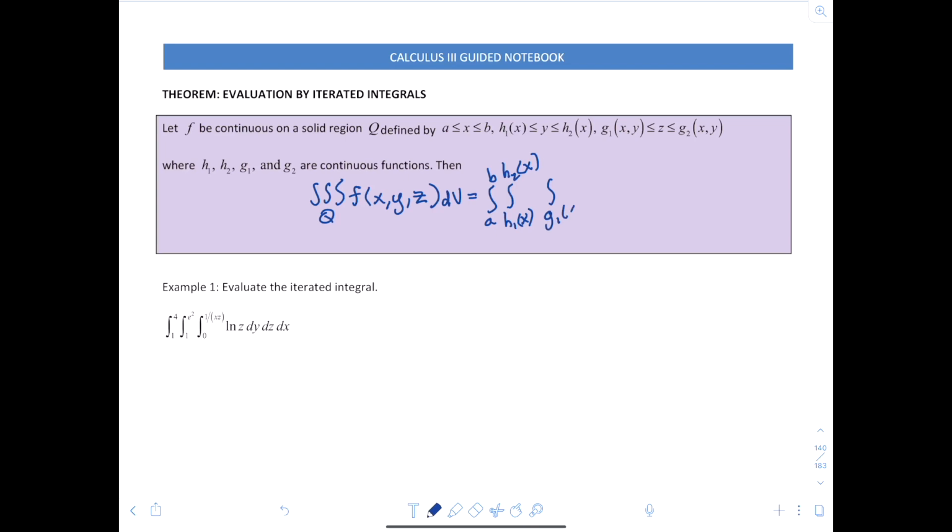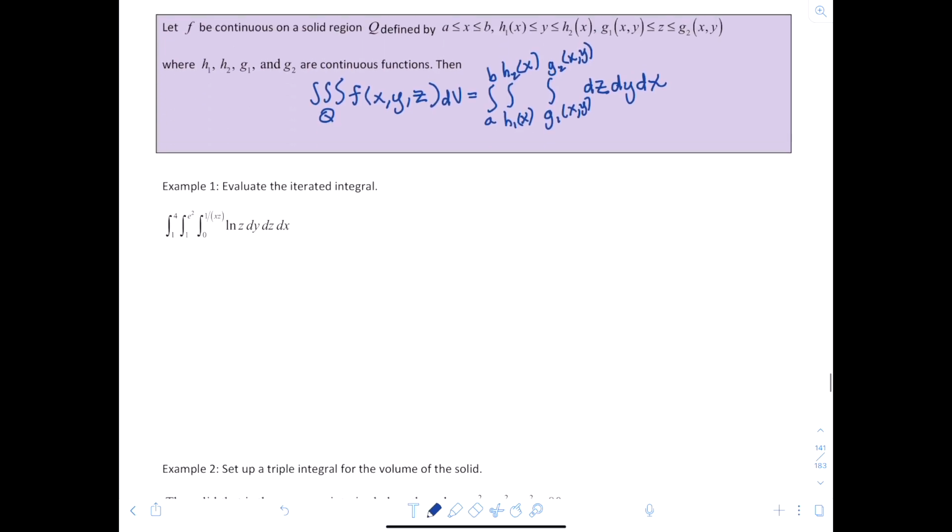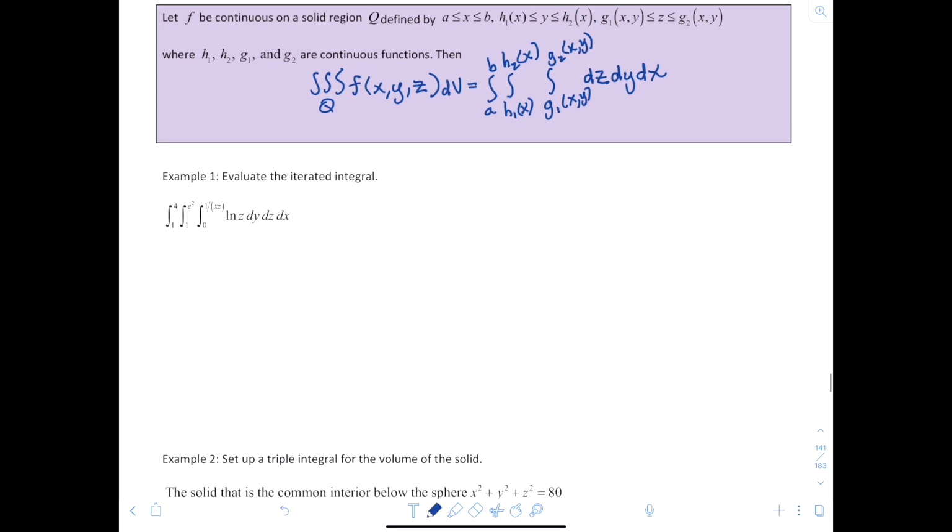So g1 at x and y to g2 at x and y. And then we'll have dz, dy, dx. But you're going to find out that you don't have to do it in that order. So we'll just keep carousing along and see how it goes.